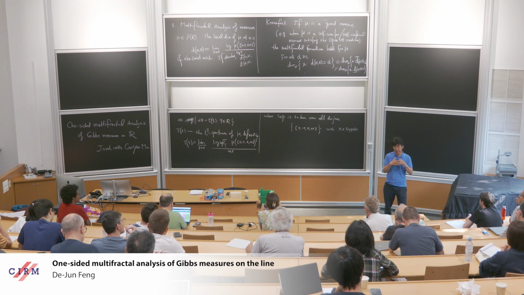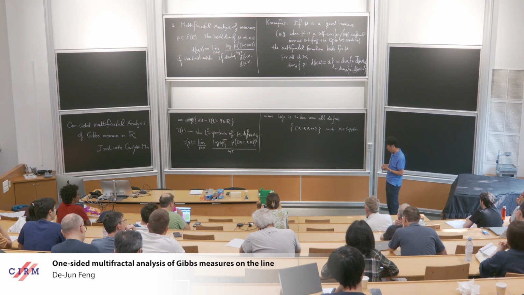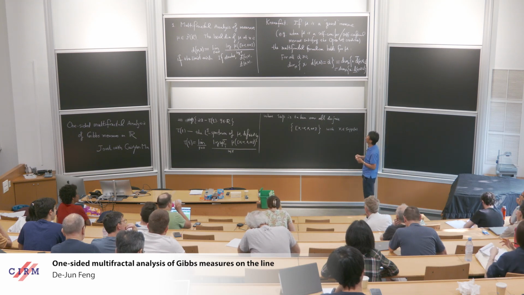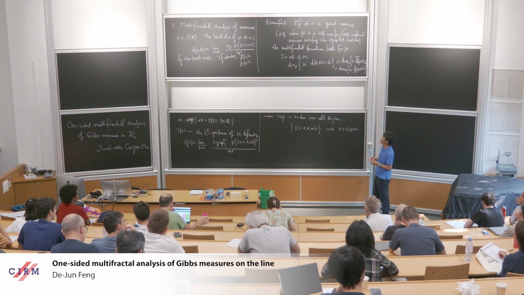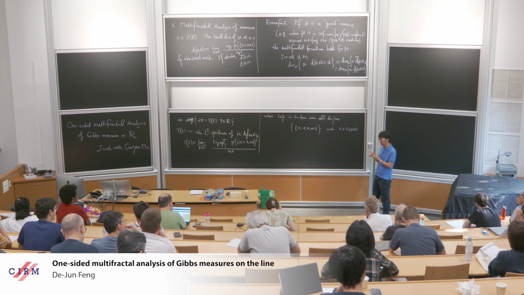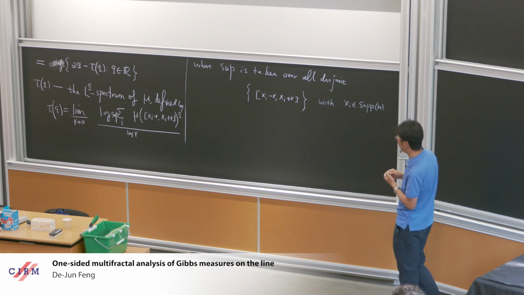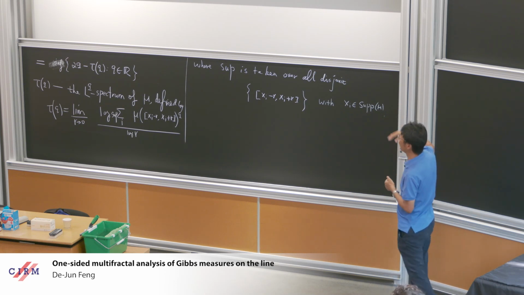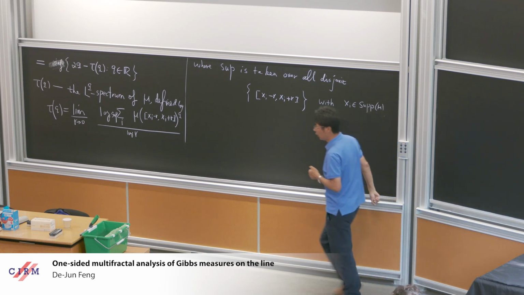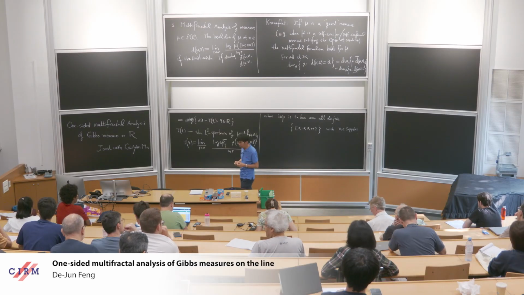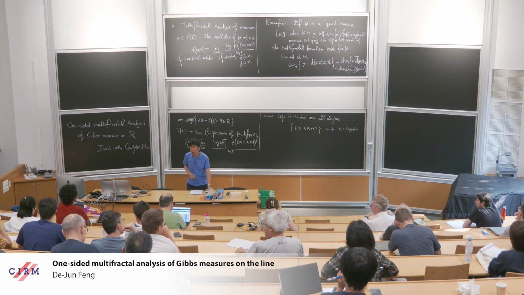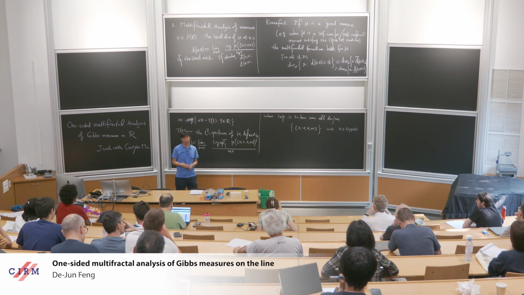If there is no separation condition, then we don't know whether or not the formalism always holds or partially holds on a given alpha. Okay, so I will not talk too much about this. Now we would like to consider one-sided multifractal analysis.